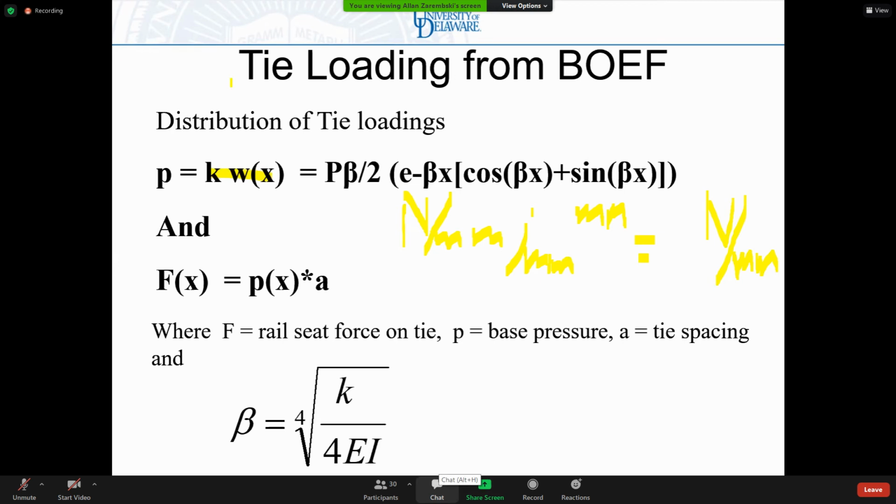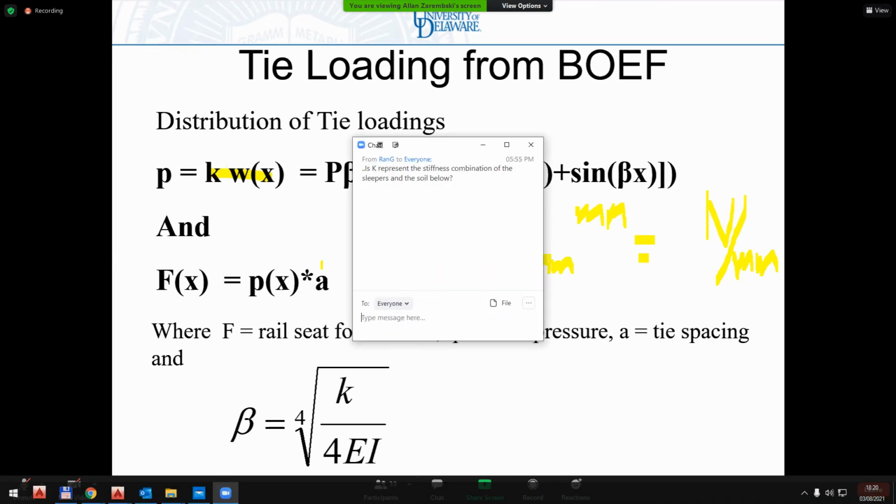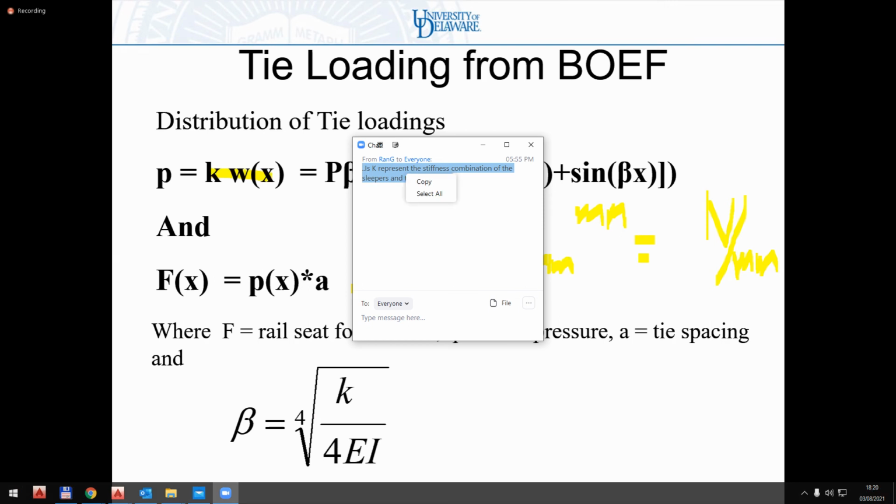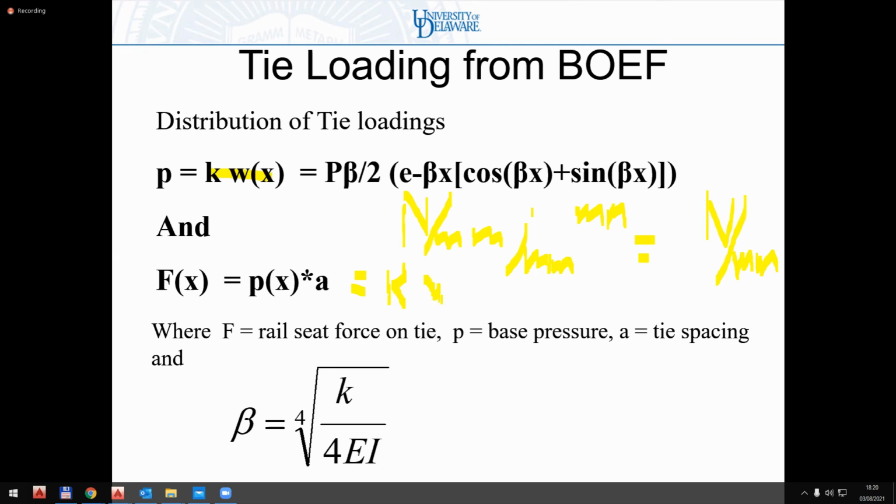And if I take that KW and multiply it by the sleeper spacing, A, multiplying by millimeters again, I then have a force in newtons. That's now the force on my sleeper.